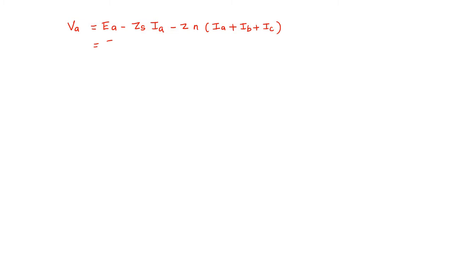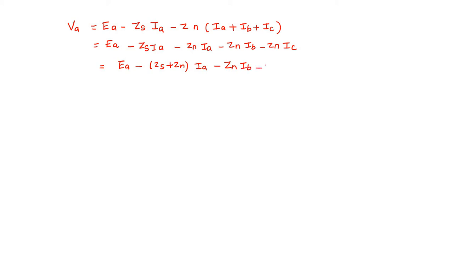Next, I am going to rewrite the equation as EA minus Zs into IA minus Zn into IA minus Zn into IB minus Zn into IC. Rearranging the equation like this: EA minus Zs plus Zn into IA minus Zn into IB minus Zn into IC.